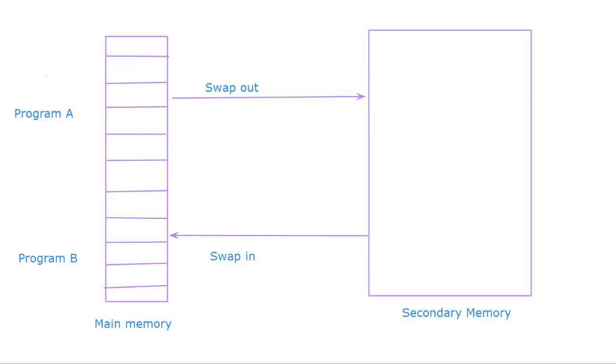So whenever the program needs to be executed, the part of the program or the program is swapped out from the main memory and kept in secondary memory. And whenever the execution is over, it is again swapped out and kept in secondary memory. Okay.